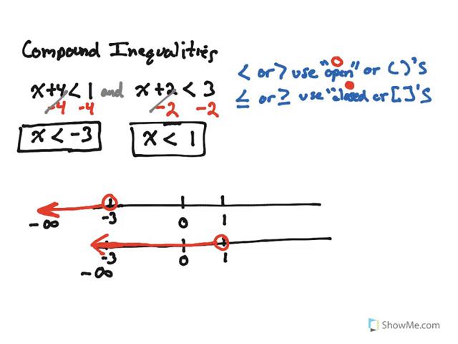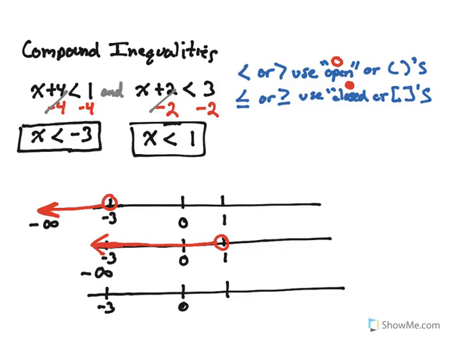So when we do this, if we were to graph these on the same graph, you notice that the graph starts at 1 and goes all the way to infinity.